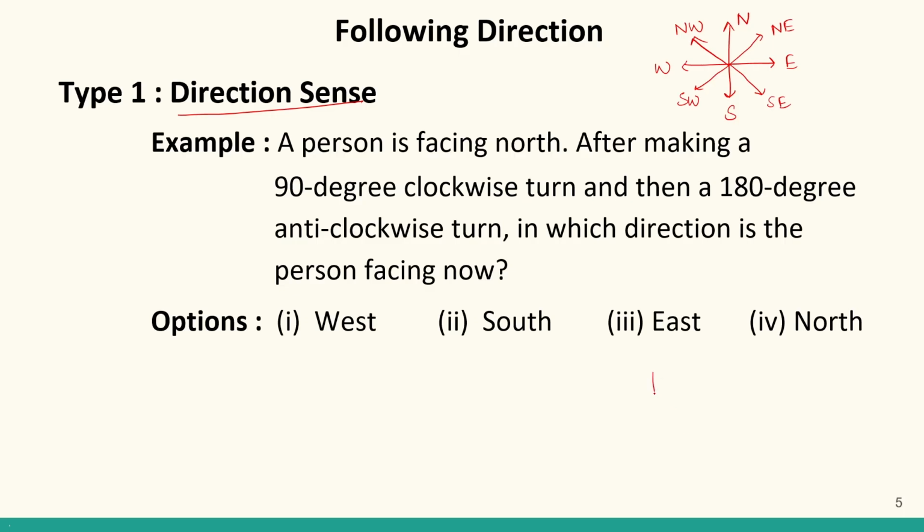If a person is here, this is the north direction, and he makes a 90-degree clockwise turn. I told you that clockwise we go like this, right? This is the direction of clockwise. So if he goes in a clockwise direction, he'll face this side. This will be a 90-degree turn. And this side will be what? This side will be east.